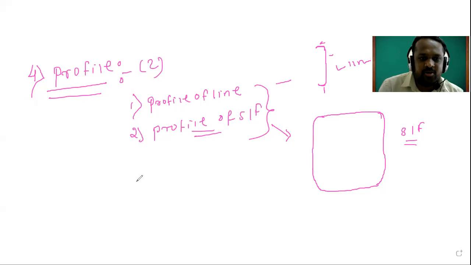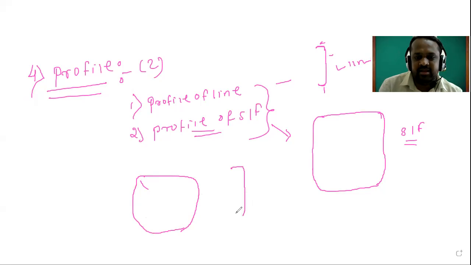What is the profile of your charger? For example, Redmi, like this. Again, it is similar. It is the profile of surface, and again it is the profile of line, like this. Understood? The profile of the surface means it is 3D, we can say. The profile of line is for 2D, like this.